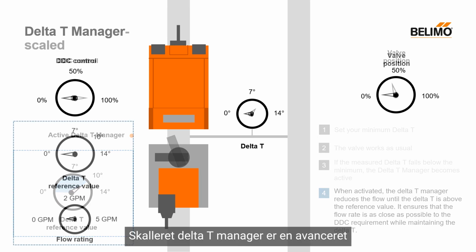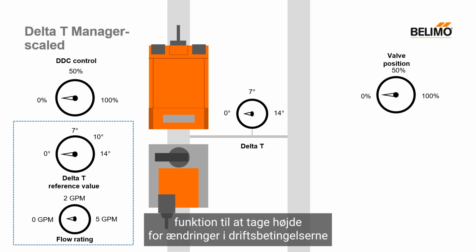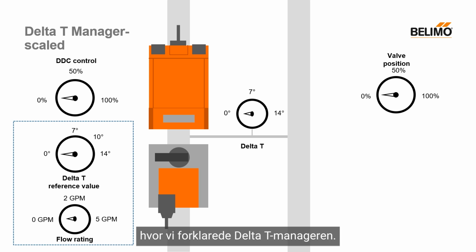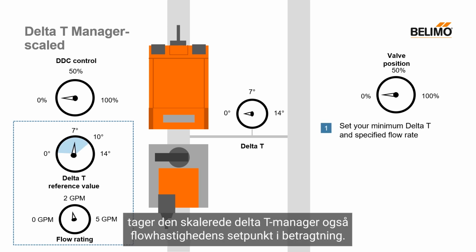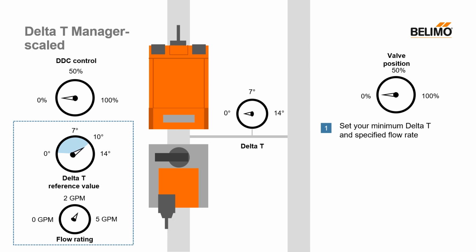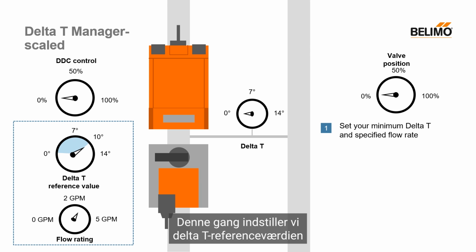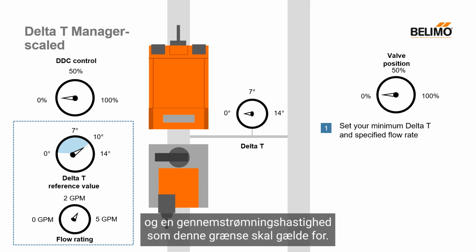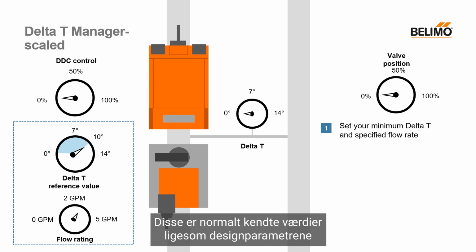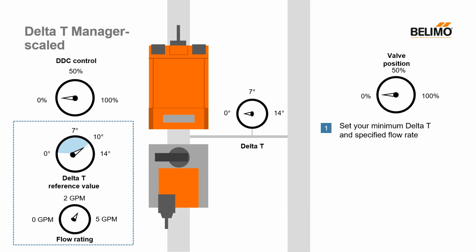Delta T Manager Scaled is an advanced feature to account for changes in operating conditions. Compared to the previous slide where we explained the Delta T Manager, the Delta T Manager Scaled also takes the flow rate set point into consideration. This time, we set the delta T reference value and a flow rate for which this limit should apply. These are usually known values like the design parameters.